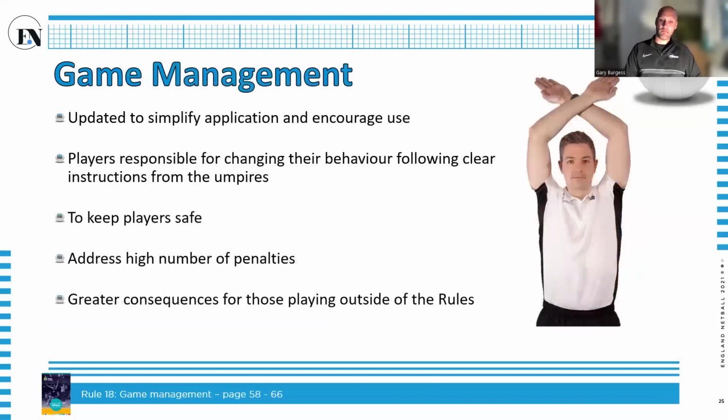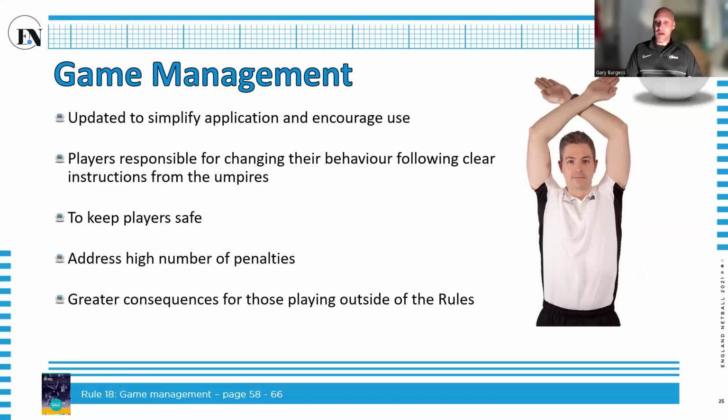Moving on to game management. Like with the contact rule, the game management rule has been updated to simplify application and to encourage use. So previously, there were a lot of game management actions that were being thrown around by umpires, but players weren't changing their behavior. There was no escalation, so it wouldn't be escalated to the next level.